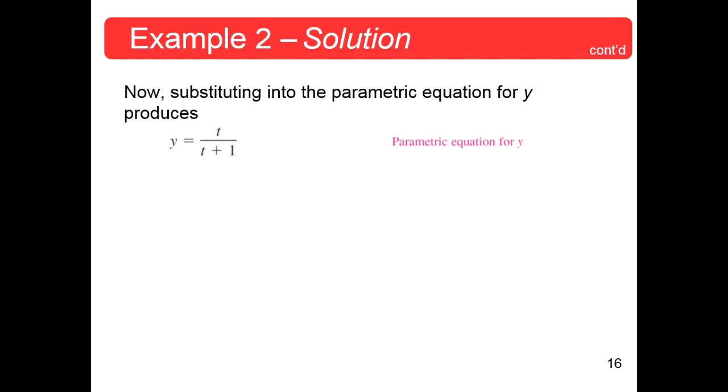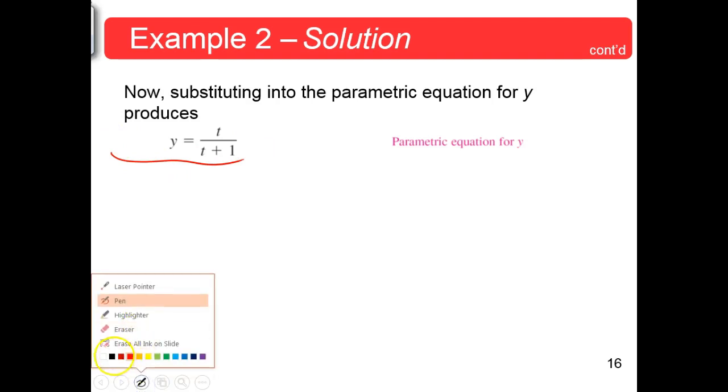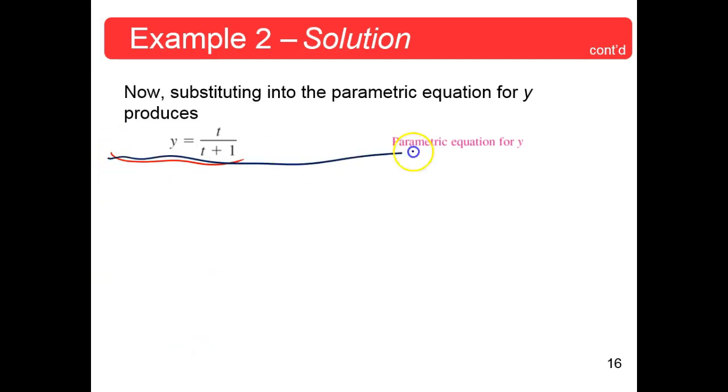Using trigonometry to eliminate a parameter. So it says sketch a curve represented by x equal to 3 cosine theta and y equal to 4 sine theta. Okay.